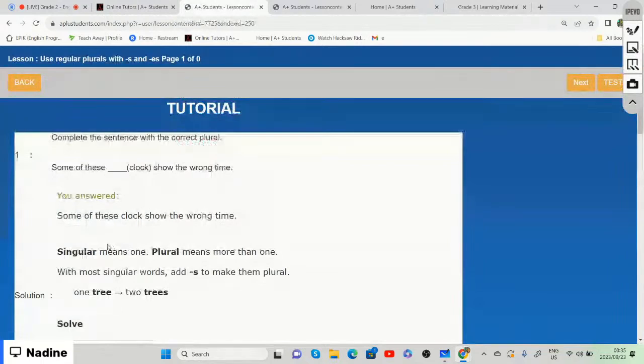We are now going to use regular plurals with S and ES. Basically just with S. And once again, singular means one. Plural means more than one.